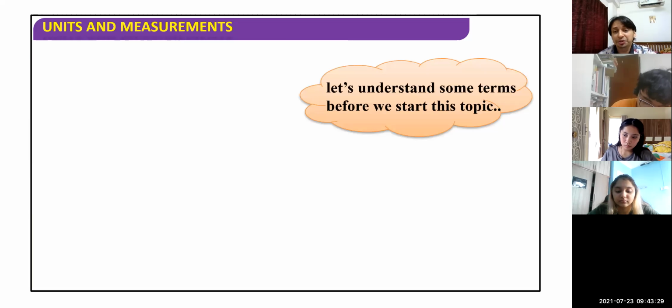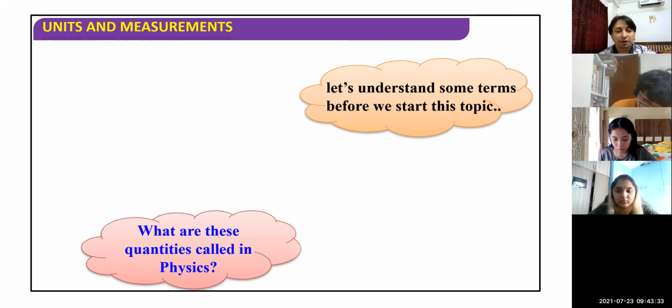Let us understand some terms before we start this topic of measurement. I have given here a list of quantities: weight, length, height, temperature, pressure, time. Students, you need to find out what these quantities are.